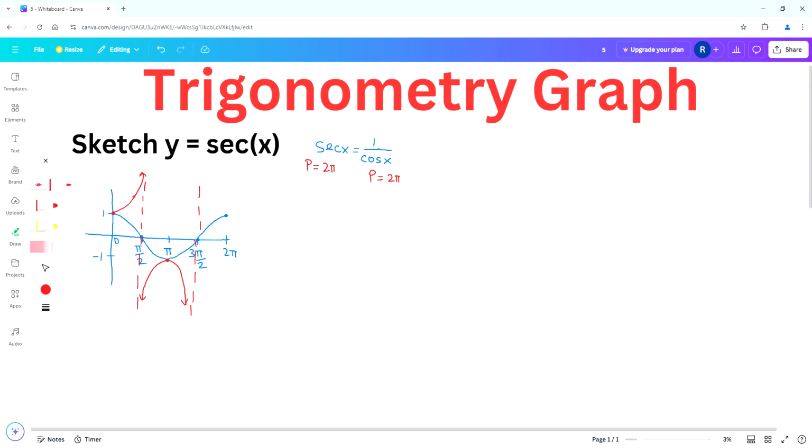We can verify that by subtracting pi over 2 from 3 pi over 2, which is equal to 2 pi over 2, which can be reduced to just pi. So this distance is equal to pi units. So the next vertical asymptote for secant x on the left side of the vertical asymptote at pi over 2 will be at negative pi over 2.